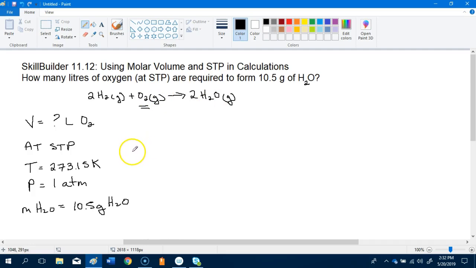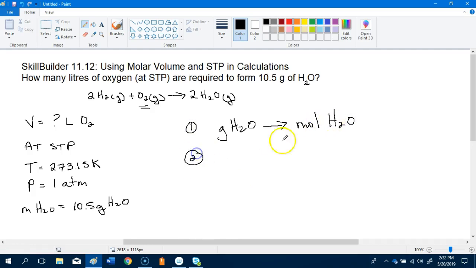So first of all, I always like to do my solution map. I am first going to take my mass of H2O, because that's what I'm given, and convert that to moles of H2O. That's my step 1. Step 2, moles of H2O will then give me my moles of oxygen.